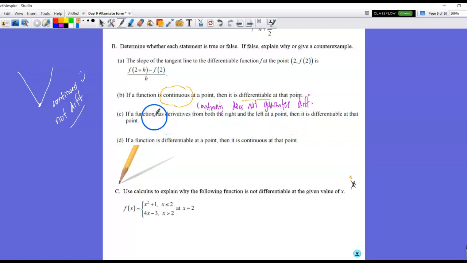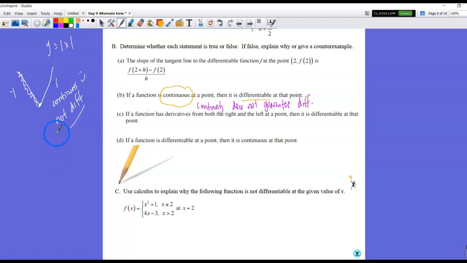Letter C, if a function has derivatives from both the right and the left at a point, then it is differentiable at the point. Well, nice, over here we have our classic, like we already said, our absolute value function, and all the values on the left side have a derivative. If it's just the basic y equals absolute value of x, all the slopes over here are -1 and all the slopes over here are +1.